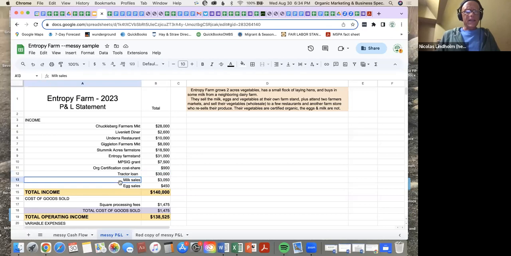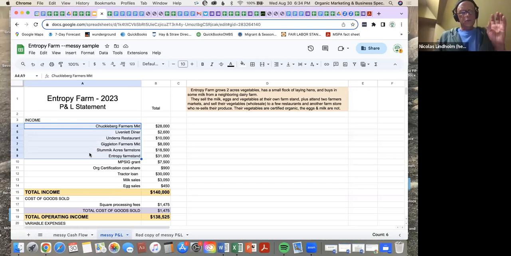And oh, right down at the bottom, here's where they account for their milk and eggs. So the organization to me immediately is like, whoa, this is all over the place. It's not even alphabetical, let alone they have a whole bunch of categories, or the rows are market channels. So that's the amount of money that they made at farmers market and through the farm store.